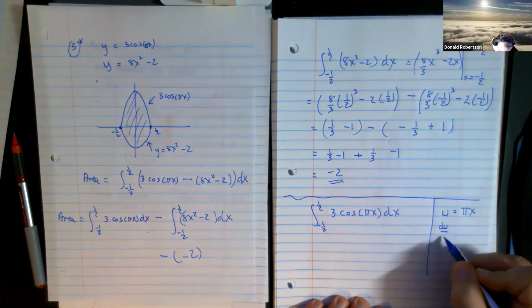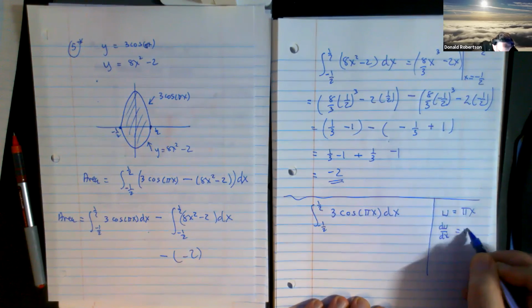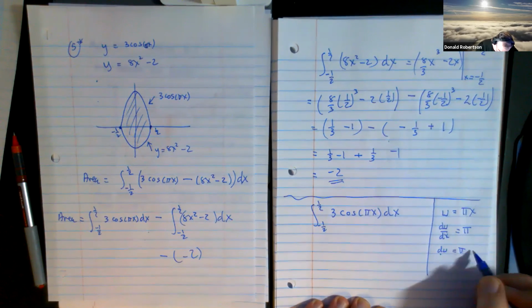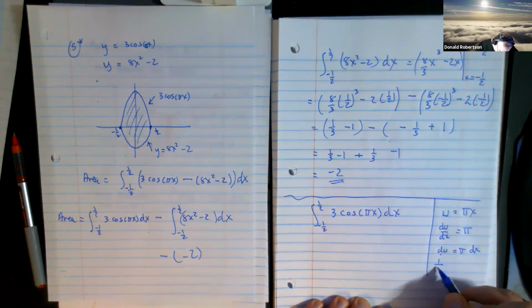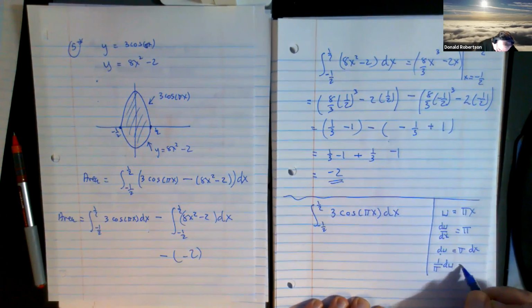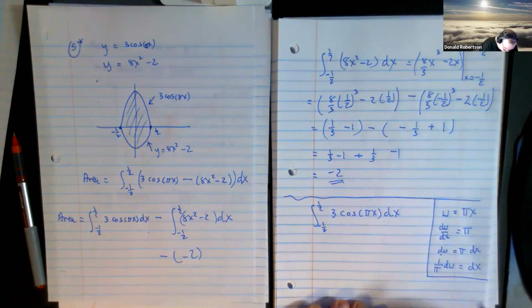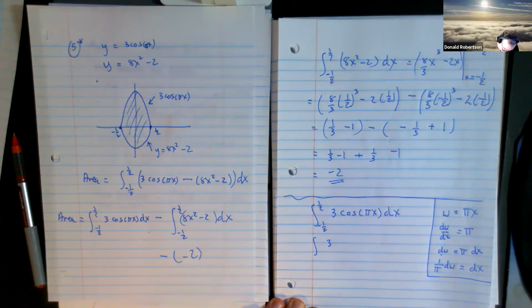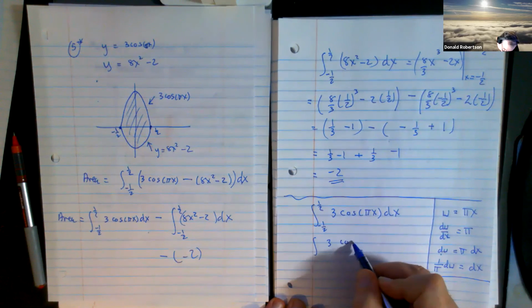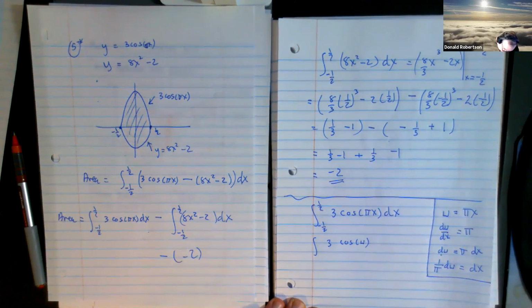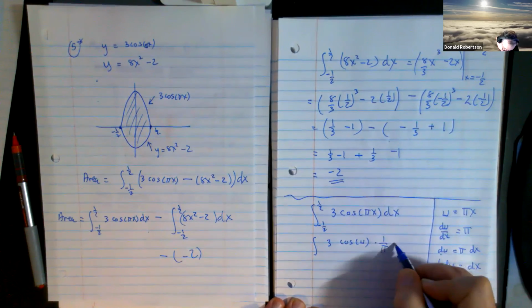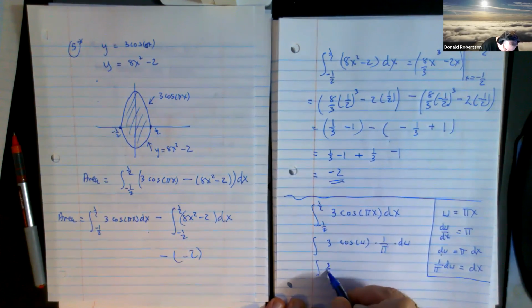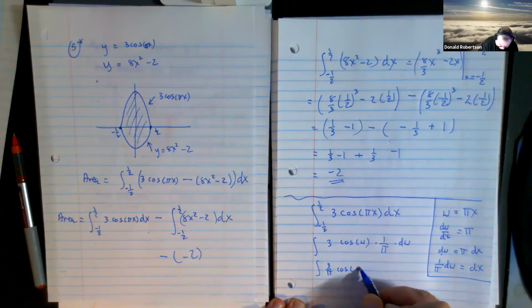So when you differentiate with respect to x, you just get pi. When you do the crossover, and then you isolate by dividing both sides by pi. So you isolate the dx. So this becomes the integral of 3 lots of the cosine of u times 1 over pi du, which becomes 3 over pi cosine of u.